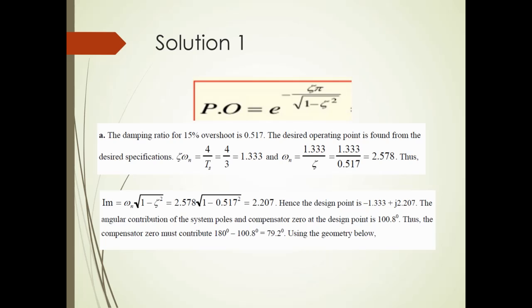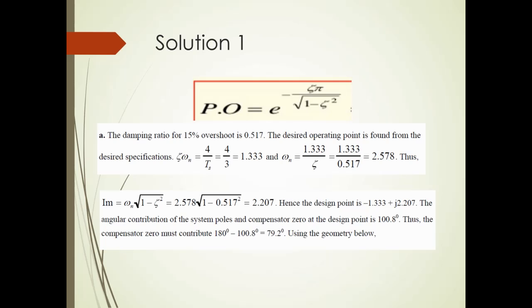Hence the design point is negative 1.33 plus j2.207. The angular contribution of the system poles and compensator zero at the design point is 100.8 degrees. Thus the compensator zero must contribute 180 minus 100.8, equal to 79.2.